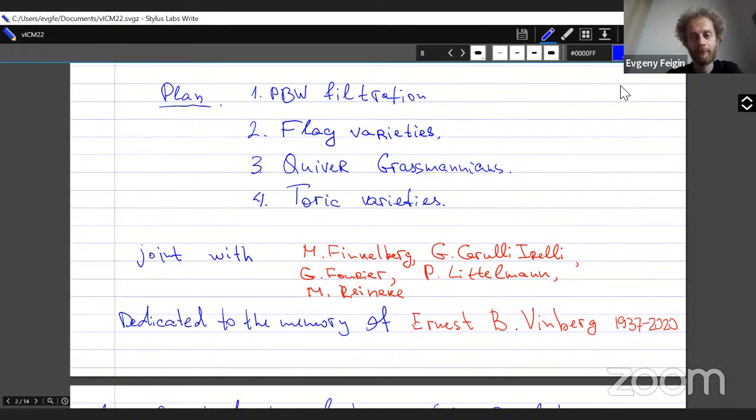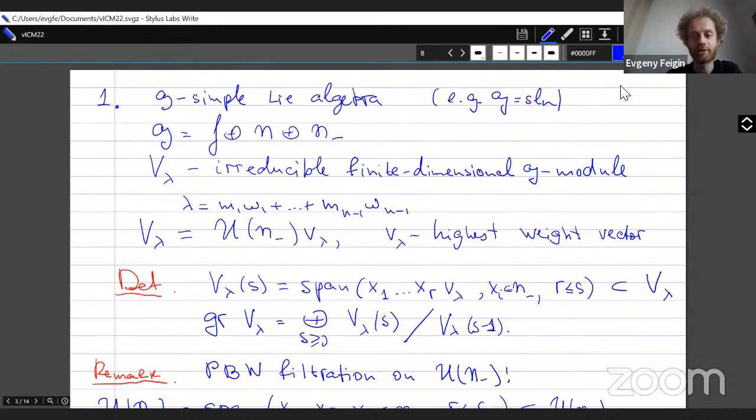Let me introduce some notation. I start with a simple Lie algebra, say sl_n. This is the type A case, but in principle we can have here any simple Lie algebra, and even more generally, we can consider affine or other Lie algebras.